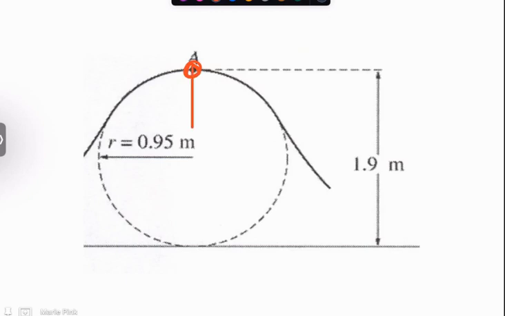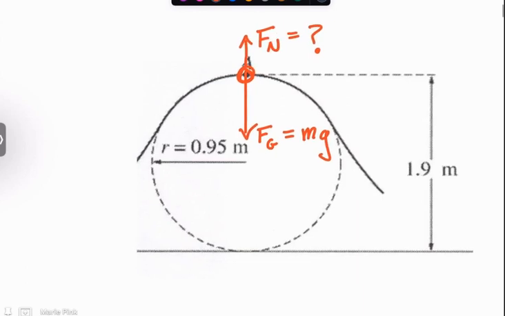So I need to have more gravitational force than I have normal force. Now, that doesn't mean that my gravitational force changes. My gravitational force is always mg, but then I will have to figure out what this normal force is. But the important thing is that normal force must be smaller than my gravitational force at the top of that circle.